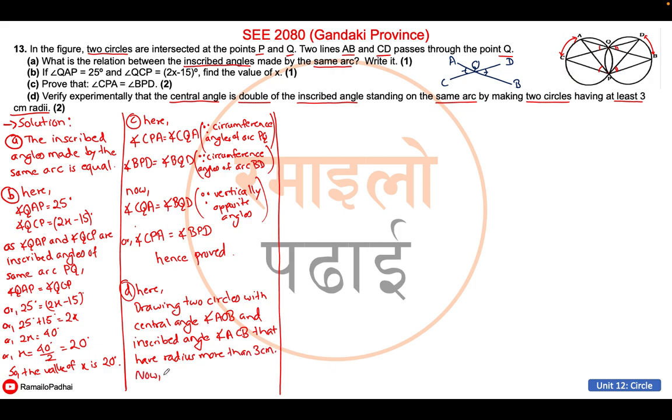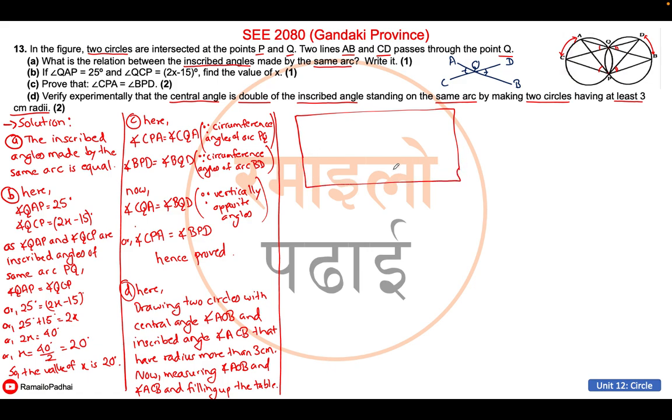Now measuring angle AOB and angle ACB and filling up the table. So here will be our diagram or two figures.